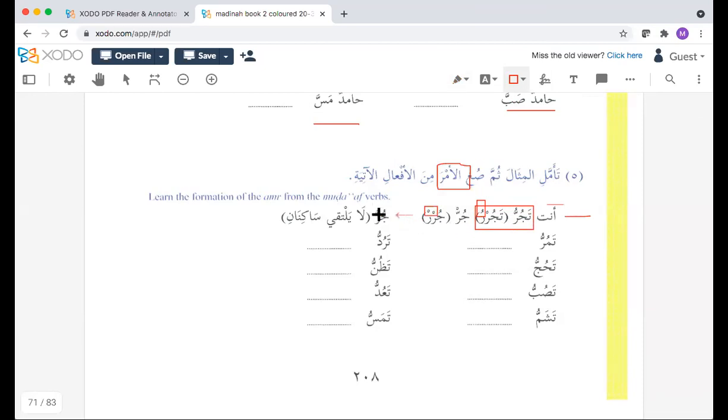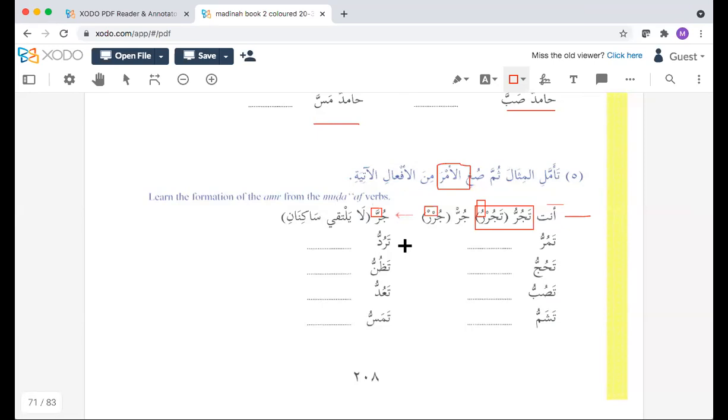So to avoid that, we give the second one a fatha, and it becomes jurra, because two sukoons cannot come together. You can't give it a kasra because the verbs don't accept kasras, and you can't give it a dhamma because that is the alama of al-mudari'.